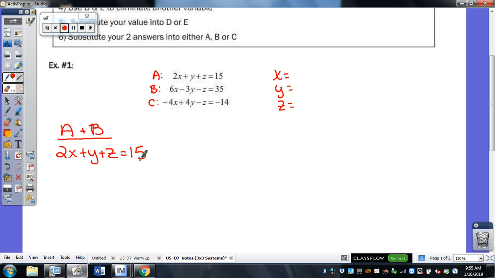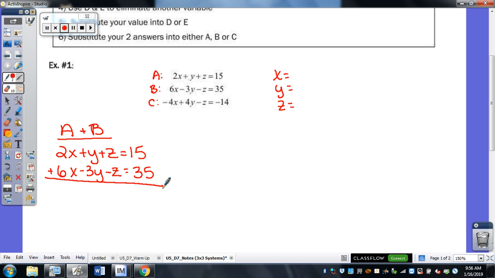So I'm going to copy down my equation A just as it is. I'm not changing it. So 2x plus y plus z equals 15. And then underneath it, I'm going to write my equation B. So 6x minus 3y minus z equals 35. And then I'm going to add the two of them together.